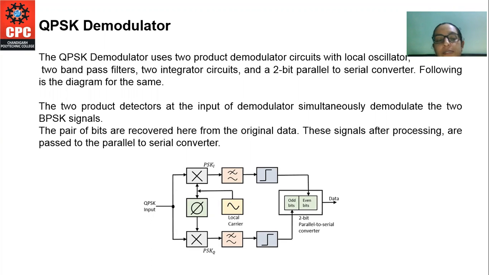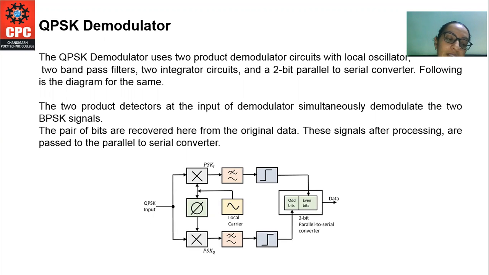The output of the integrator is given to the decision making device, which compares the sign of the two multiplier outputs, and to the parallel to serial converter, which interleaves the decisions made by both sides.